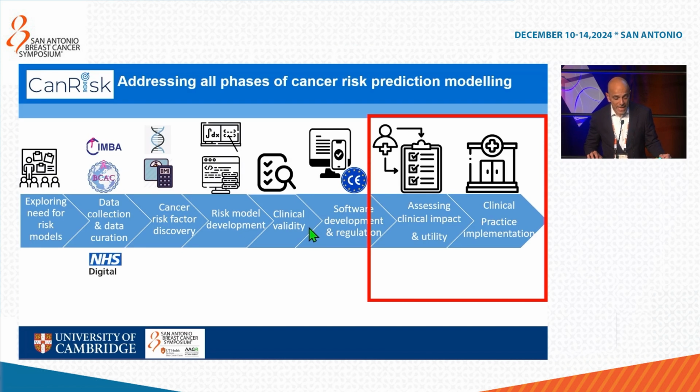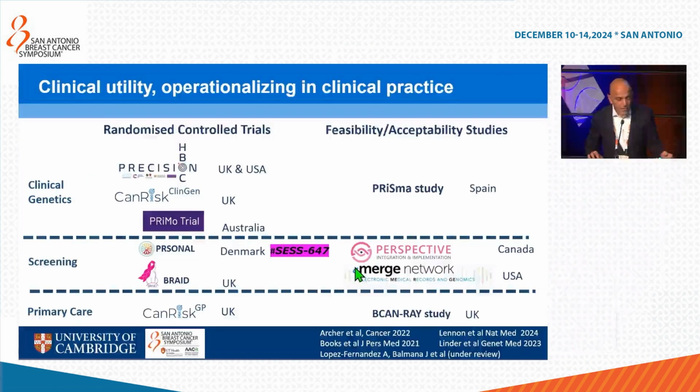Which takes me to the last part on assessing the clinical utility and how we can operationalize such tools in clinical practice. I don't have much time here to get into individual study details, other than to say that there are multiple studies currently being done that investigate how we can provide multifactorial personalized cancer risks in different clinical settings: in clinical genetics, at screening, in primary care, including, for example, here in the US with the IMAGE consortium.